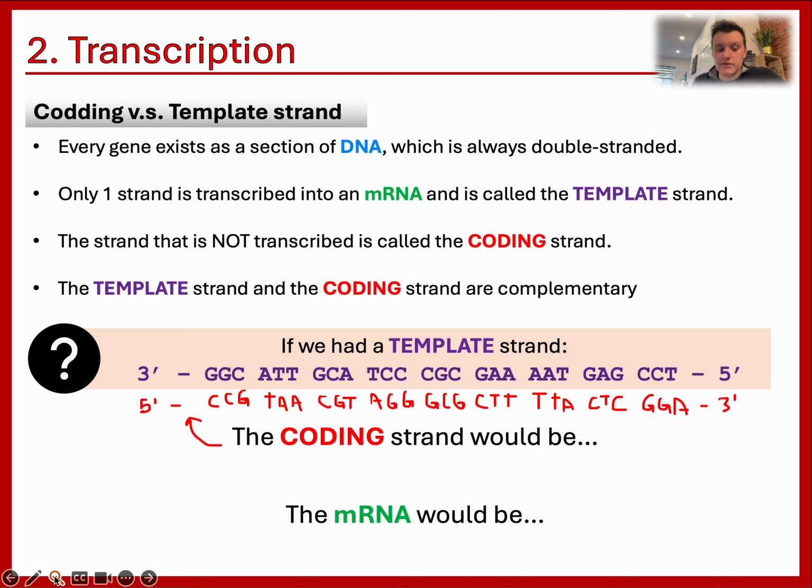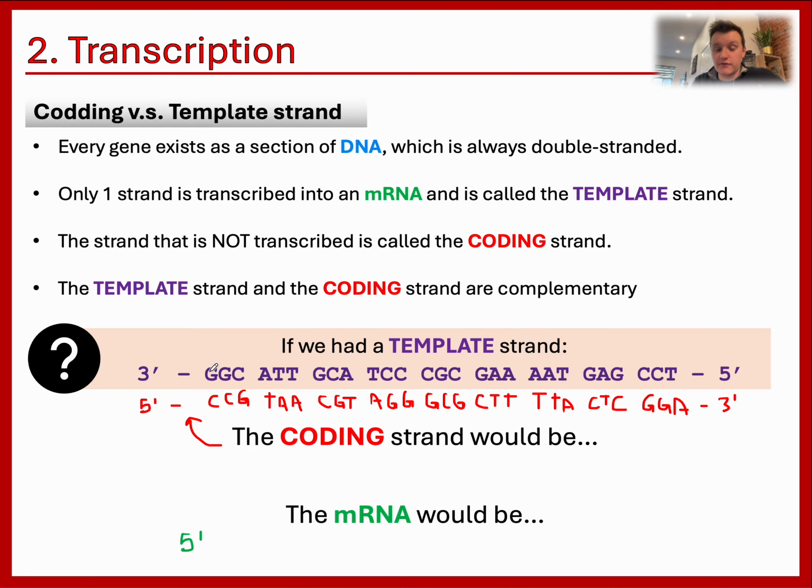Remember, if I want to go and find the mRNA, right, I could either look at the coding strand and just change all of the T's, or I could look at my template strand and complementary base pair them. So I'm going to look at this template strand, and I'm going to go write my mRNA.